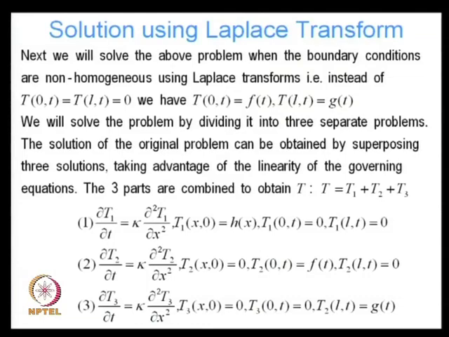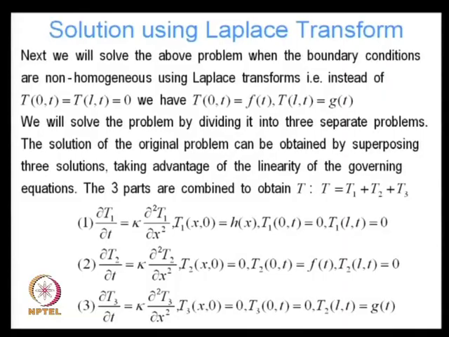Then I have another one, del T2 del t is equal to kappa del 2 T2 del x square, and in this case I have homogeneous initial conditions, and I have homogeneous boundary conditions at one end, but non-homogeneous boundary conditions at the other end.